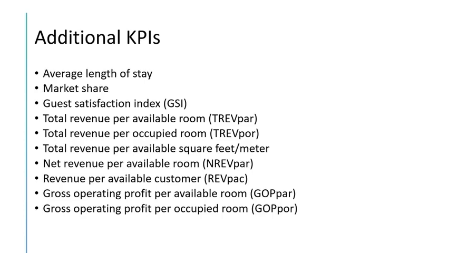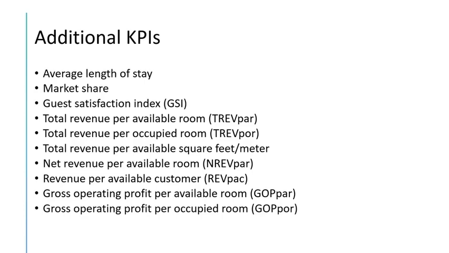Then we have additional revenue management measures, right? First we start with total revenue per available room, occupied room, and available square feet or square meter. These measures are suitable for hotels that try to implement total revenue management, right?